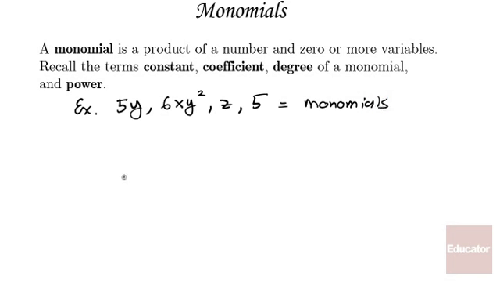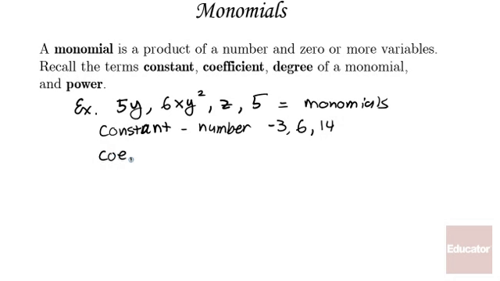A constant is simply a number. So it could be -3 or 6 or 14. So those are constants. Coefficients. A coefficient is the number in front of the variable.